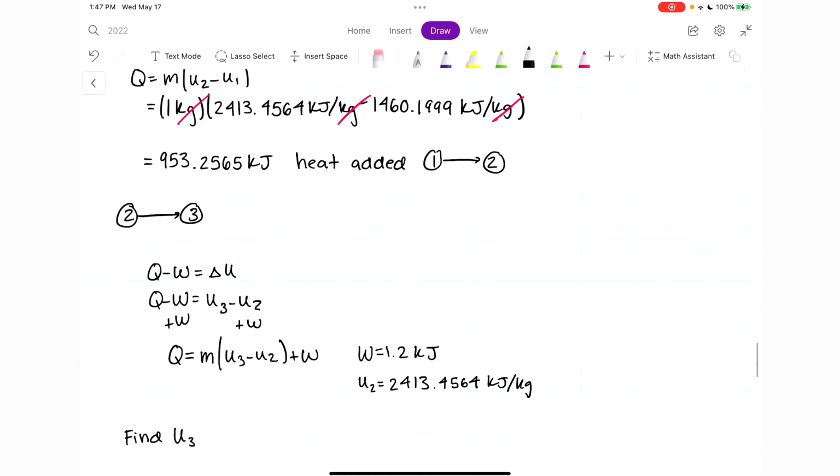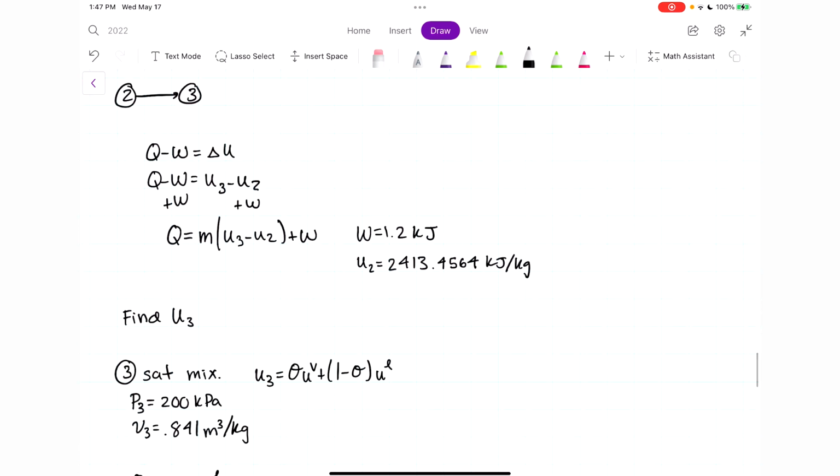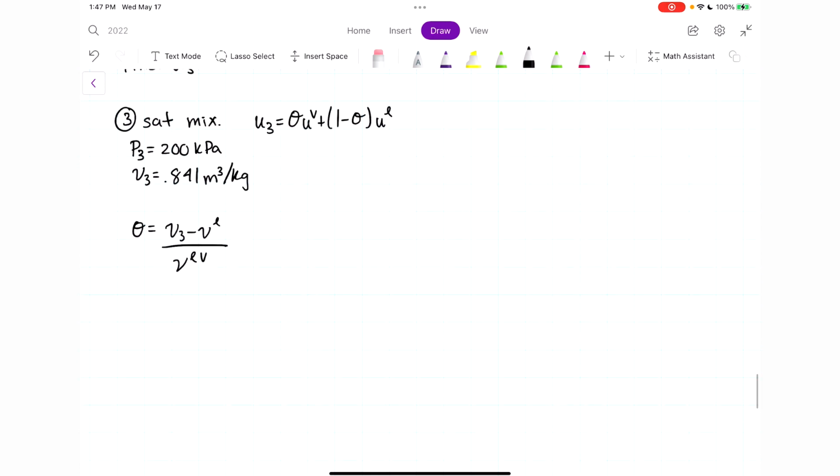So since we're at the same pressure, UL, UV, as well as the specific volumes of the liquid and the vapor, it's all the same as what we used in the last calculations we did. So I'm just going to go ahead and rewrite them because they are the same since it's under the same pressure.